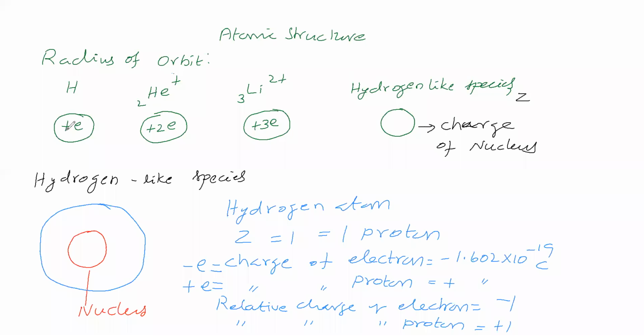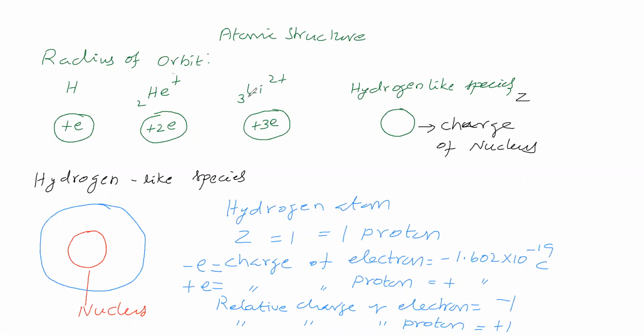So what do you multiply with, such that you get the charge of the nucleus for a hydrogen-like species in general? See, here it has 1 proton in the nucleus, so we said plus E is the charge. With atomic number 2, the nucleus contains 2 protons, so we multiplied by 2 and said the charge is plus 2E.